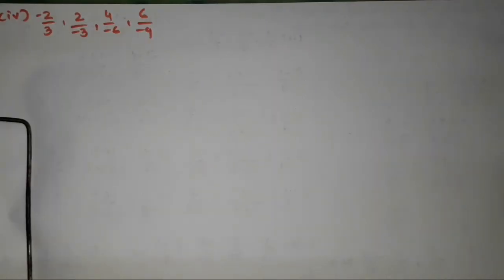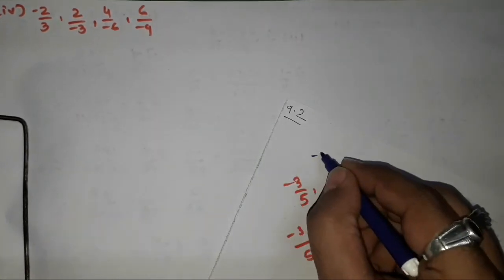The last one is minus 2 upon 3, then 2 upon minus 3, 4 upon minus 6 and 6 upon minus 9. Again, to confuse us, the same situation is given that minus 2 upon 3 and 2 upon minus 3. So the pattern which has been continued, which one? This number is minus 2 upon 3.